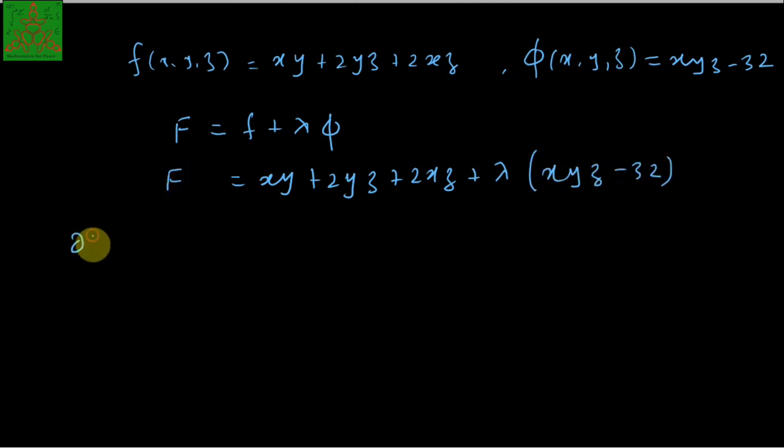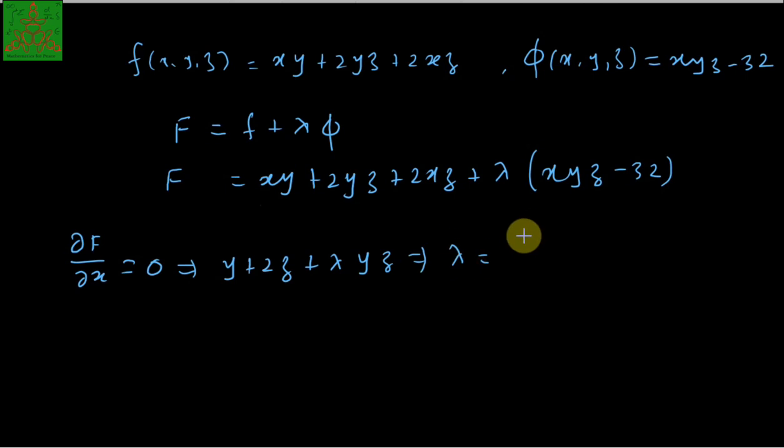So first you need to calculate del F upon del x equal to 0, which gives you y plus 2z plus lambda yz.